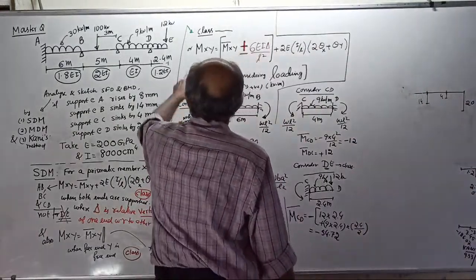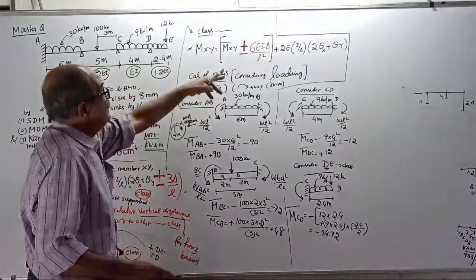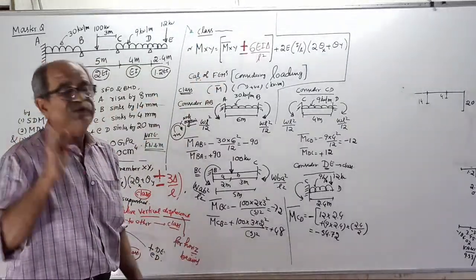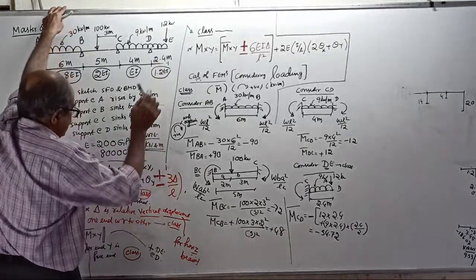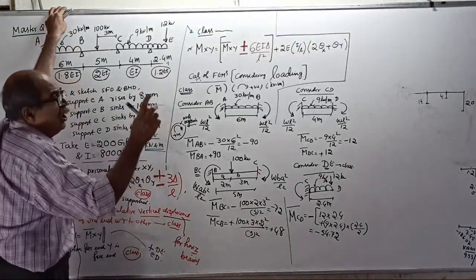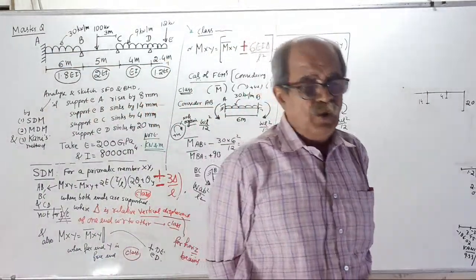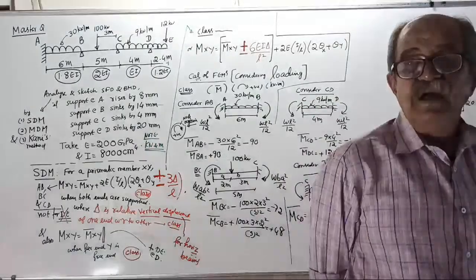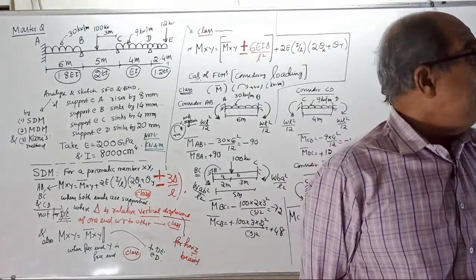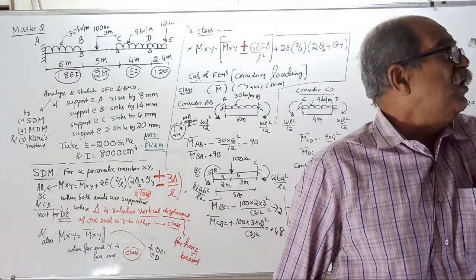Now, class, this is equation. Now see, sign I will tell you. One very important concept. Here, thetas are unknown. Tell me, delta is known or unknown? This is the question of analysis of continuous beam for given support settlement. I forgot heading.